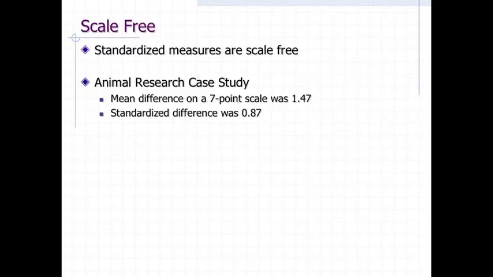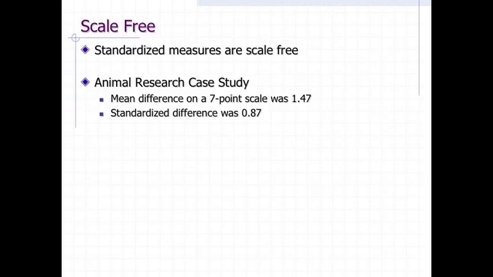Standardized measures such as Cohen's d and Hedges' g have the advantage that they are scale-free. That is, since the dependent variable is standardized, the original units are replaced by standardized units and are interpretable even if the original scale's units do not have a clear meaning. Consider the animal research case study.